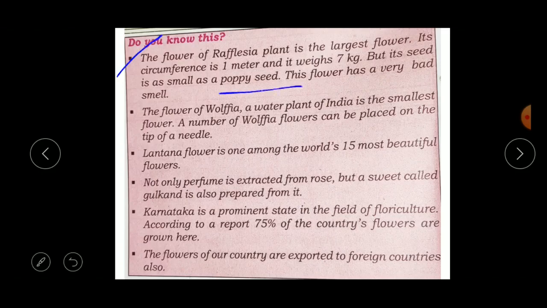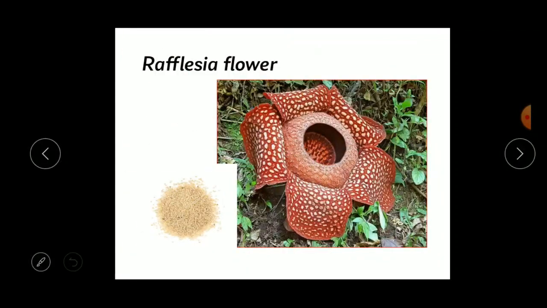There is one flower named Rafflesia. Here I will show you. This is the Rafflesia flower. See here. This is the Rafflesia flower and its circumference is 1 meter and it weighs 7 kgs. Okay, it weighs 7 kgs, but its seed is as small as a poppy seed.